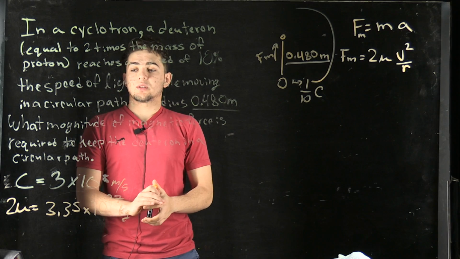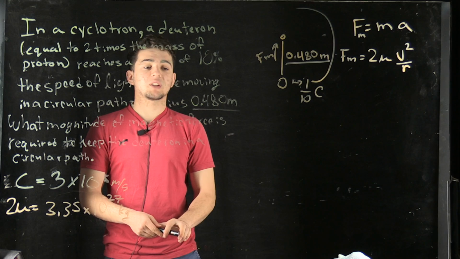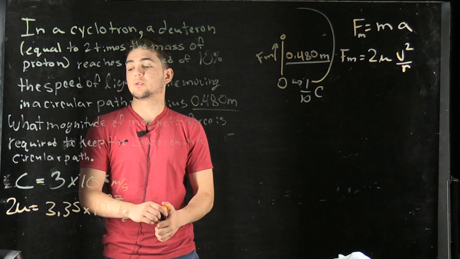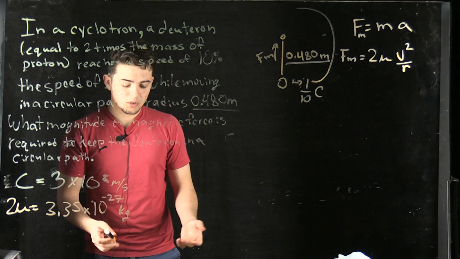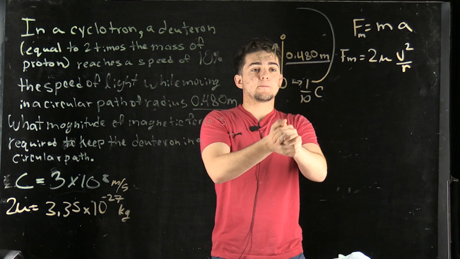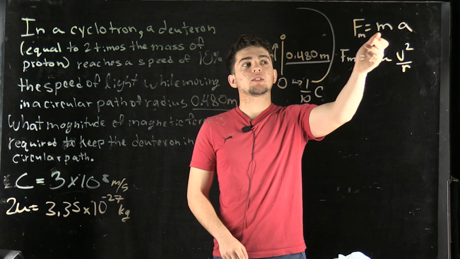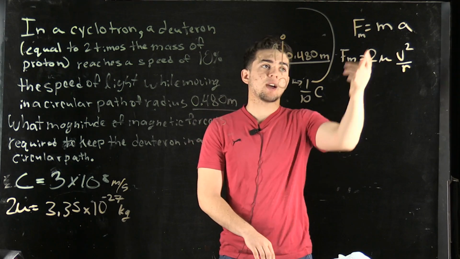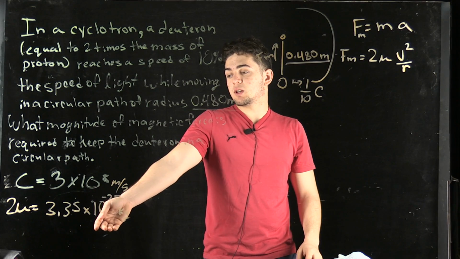The question is, what is the magnitude of the magnetic force required to keep the deuteron in a circular path? To set this problem up, I had to draw a picture here. And I wrote down the magnetic force is equal to ma, the mass being 2 times the mass of a proton.